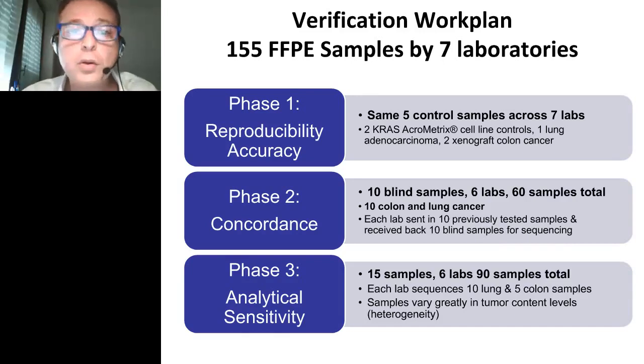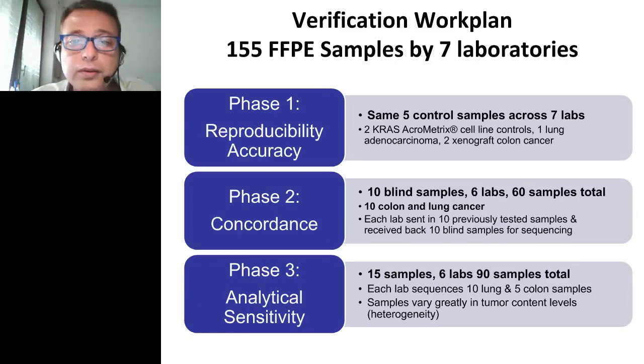Now these are the results of phase 1. As I told you, 5 different samples, 2 xenografts, 1 lung carcinoma, and 2 achromatic controls were analyzed by 7 different labs. Here is the list of the mutations that were expected in these samples, and all the 7 labs were able to identify these mutations.